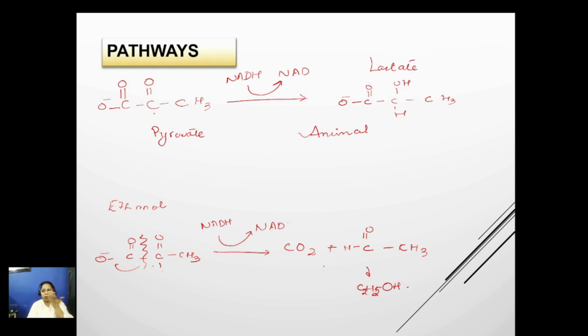So more hydrogen was added over here. So the final products are carbon dioxide and ethanol. This is how pyruvate is converted into ethanol and carbon dioxide. These are simple pathways, not difficult at all, quite easy to understand.